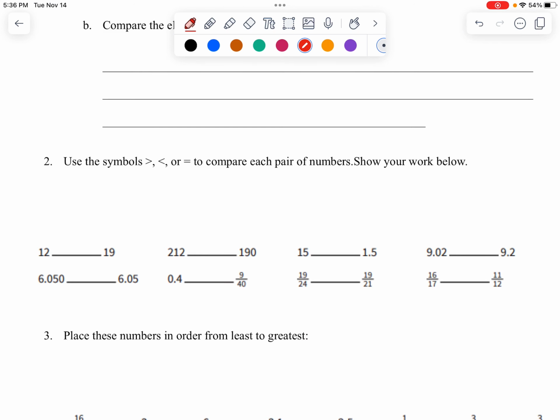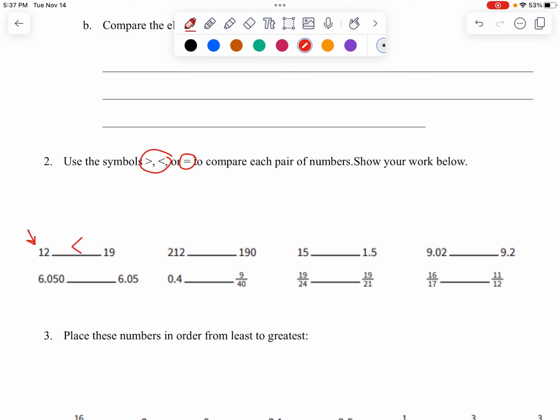In question 2, you are using greater than or less than symbols to compare numbers. You might also have an inequality symbol, or an equal sign to compare each pair. So for example, when you're looking at 12 and 19, you know that 19 is greater than 12 or 12 is less than 19.